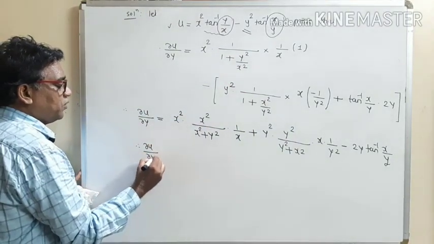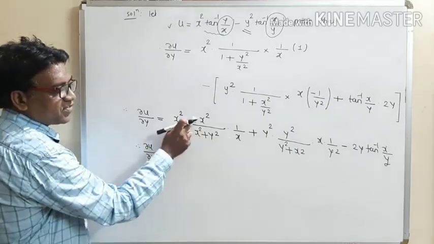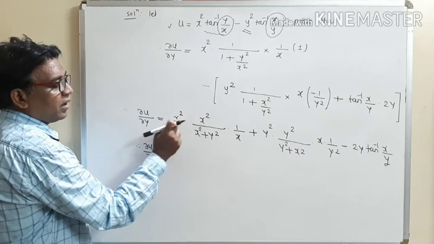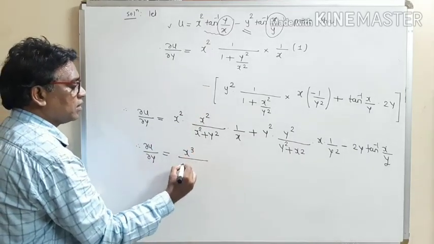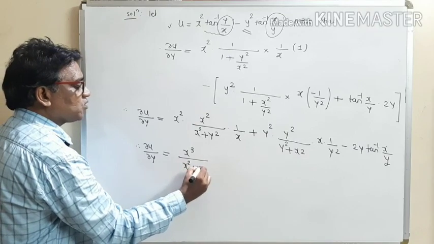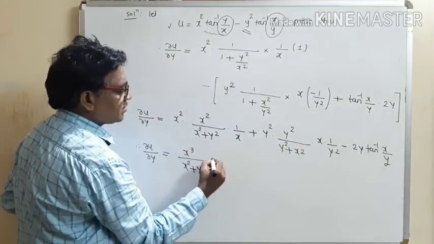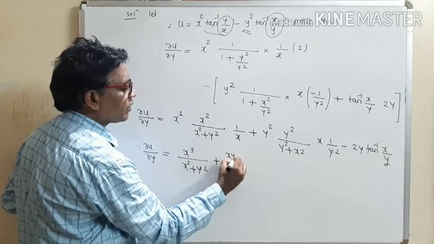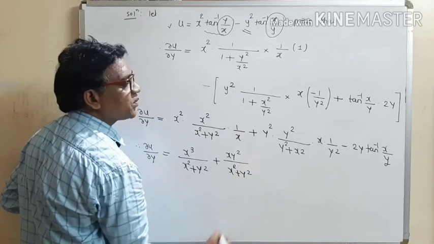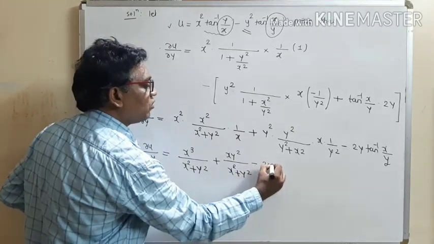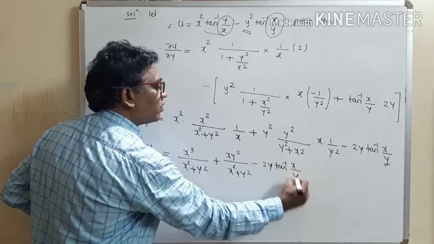So this is ∂u/∂y, this is equal to, now x get cancelled, x square into 1 more x, this is x cube, divided by x square plus y square. Now y square get cancelled, plus xy square divided by this x square plus y square, minus what is the remaining term, 2y tan inverse x upon y.